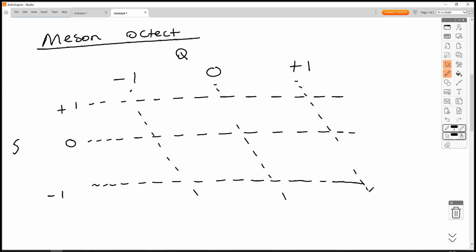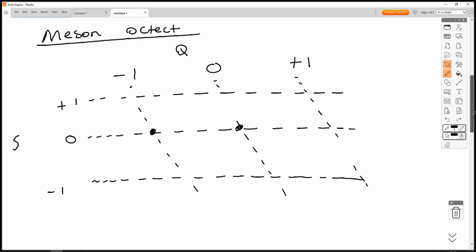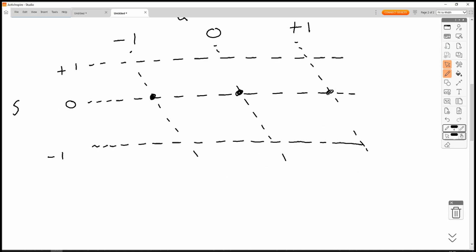So for the meson octet, we fill in the center first with 3, so all 3 are occupied. Then to decide what side we can occupy on the top and the bottom, we have to think about the strangeness and the charges. So, for example, at the top we have a strangeness of +1. That means that everything along the top must have an anti-strange quark involved.